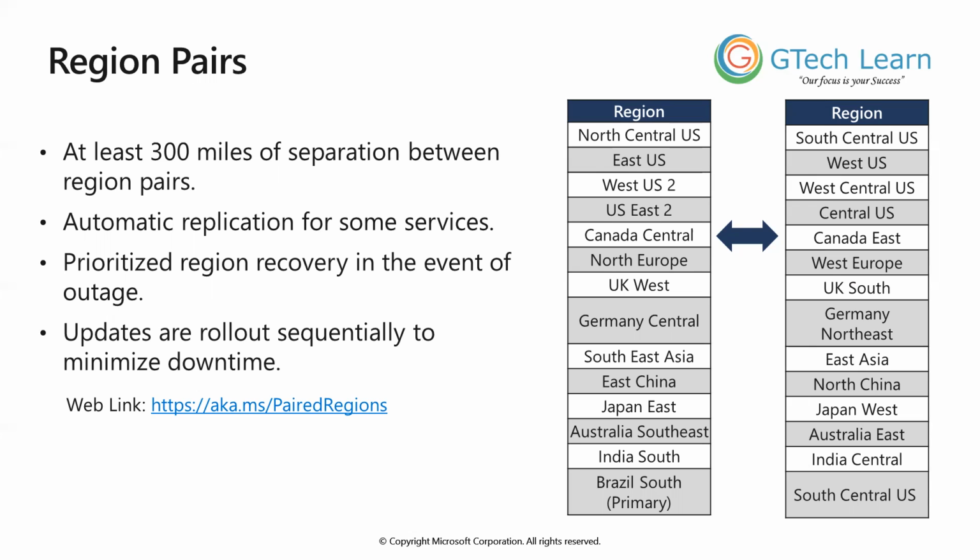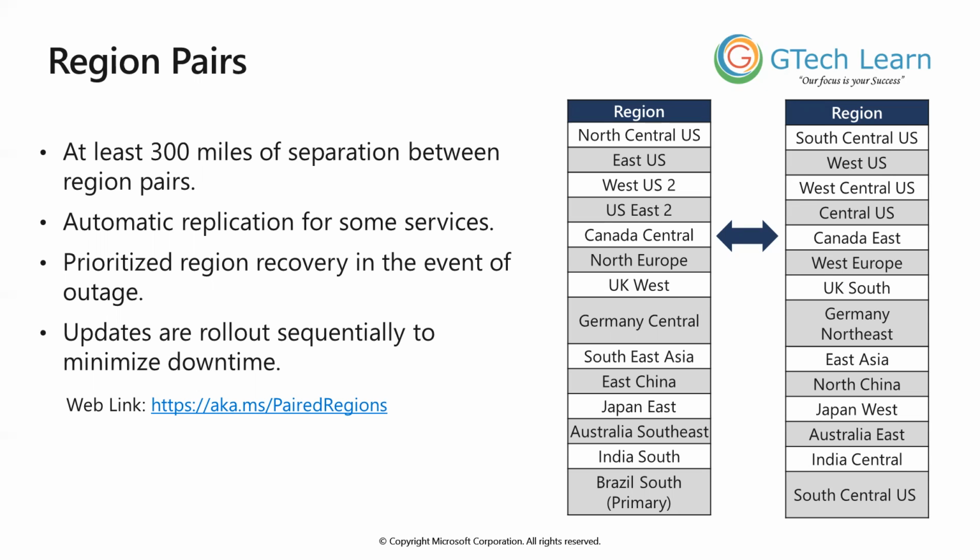And using these region pairs, we are able to replicate our resources like virtual machines and the storage devices which we are creating on the cloud. We are easily able to replicate them across a geography, and replicating increases the chance of redundancy.